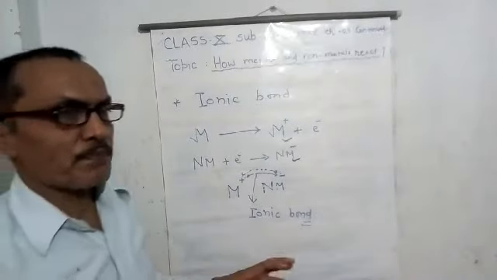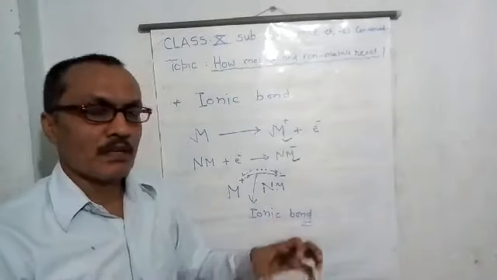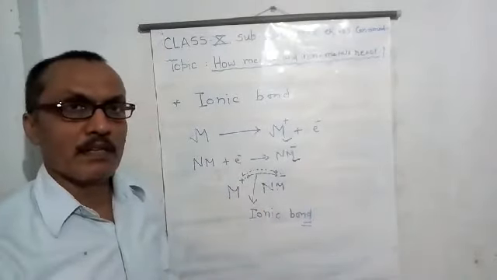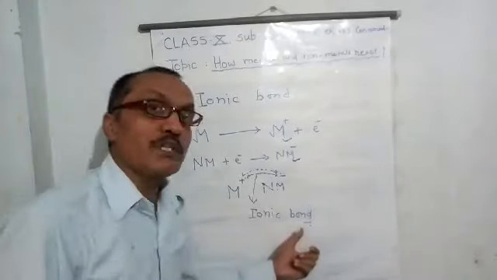So students, in compounds made from metal and non-metal, there exists ionic bond.